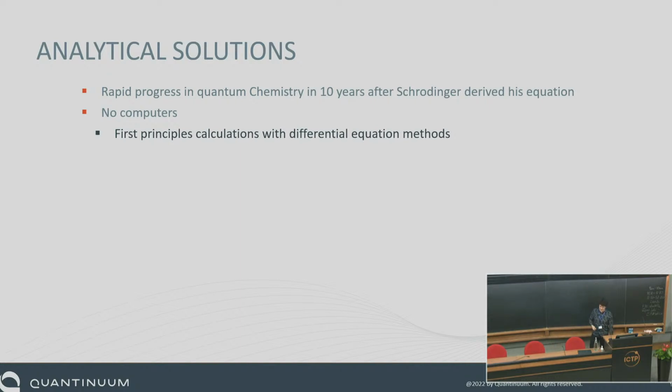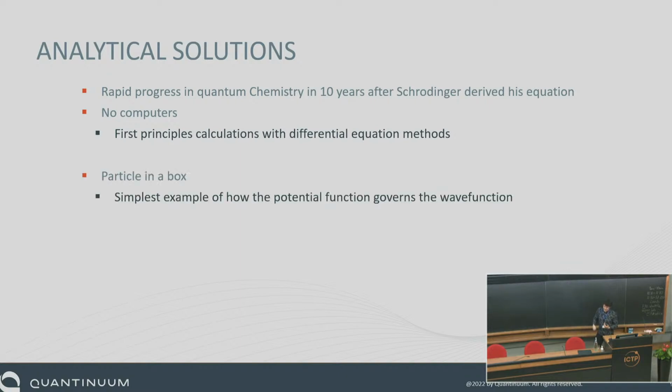So even though these equations look extremely scary, the theory was quite well known by this point. The ubiquitous one, which you probably all solved in your first or second year physics course, is the 1D particle in the box. It's the simplest example of how potential and boundary conditions can govern the wave function.